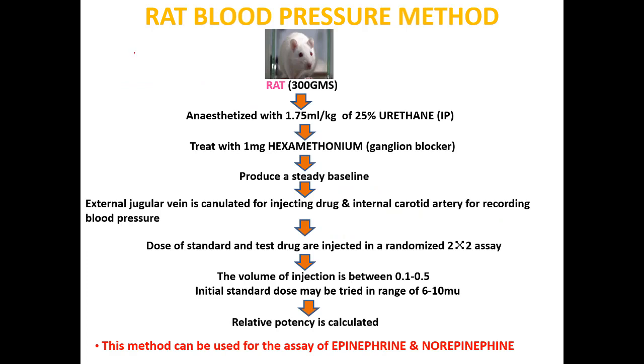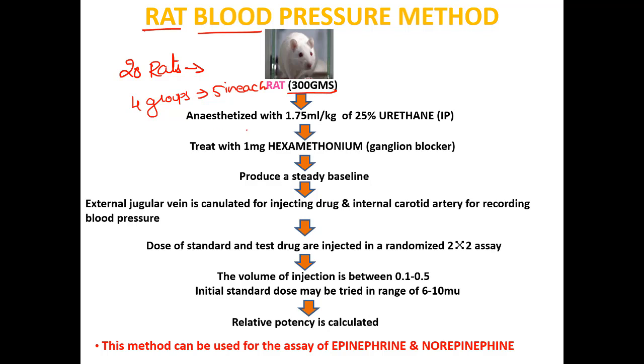In this first method, the rat blood pressure method, first we have to take 20 rats and make 4 groups, 5 in each. The weight of the rat should be 300 grams.